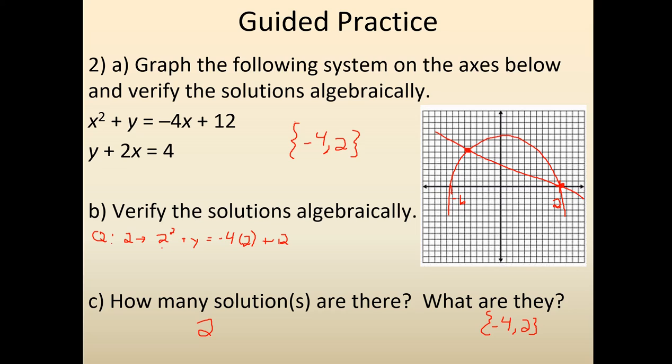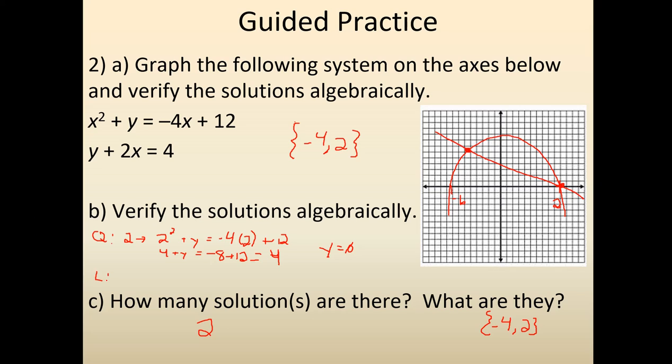So 2 squared is 4 plus y equals negative 8 plus 12. Negative 8 plus 12 is going to get me 4. So I end up getting 4 plus y equals 4. So y equals 0, which makes sense. That's where it crossed the x-axis.